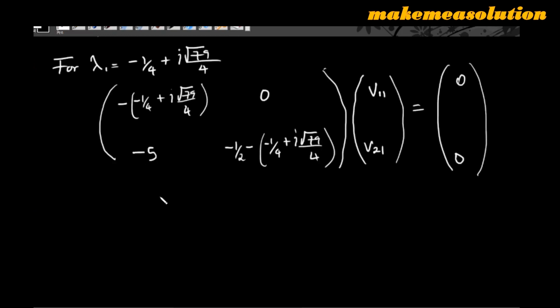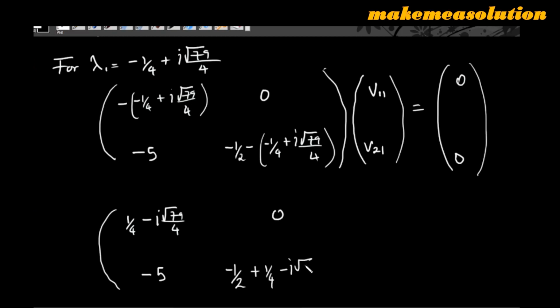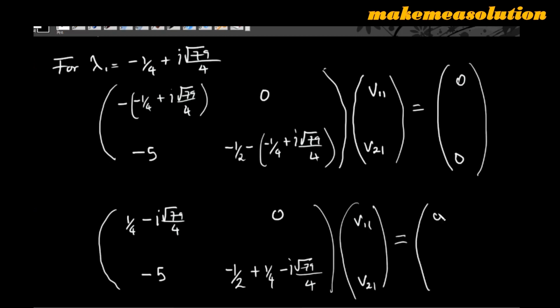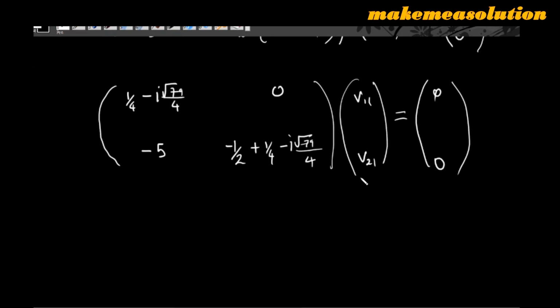For this particular one, you will have 1 over 4 minus i root 79 over 4. When you open with the negative sign, you then have minus 5, and 0 here. Then if you open this one, you get 1 over 2 plus 1 over 4 minus i root 79 over 4, times v11 v21, equal to 0 0. We want to determine the value of v11 and v21.